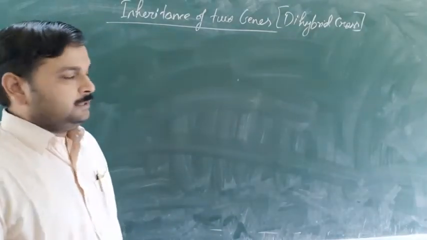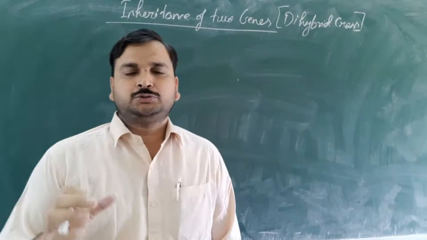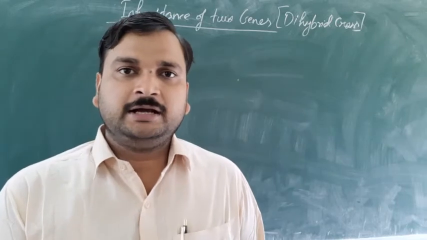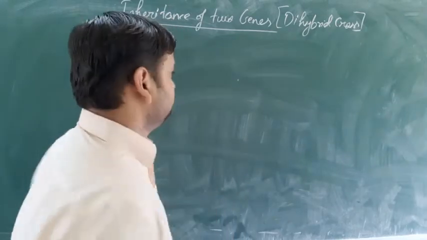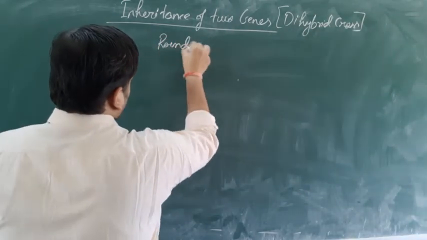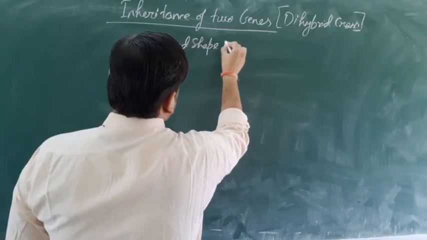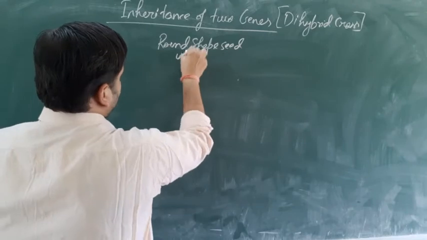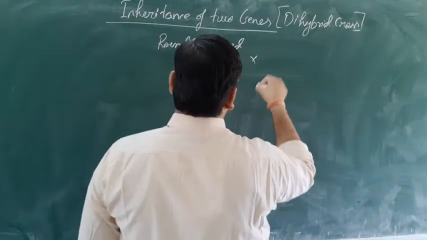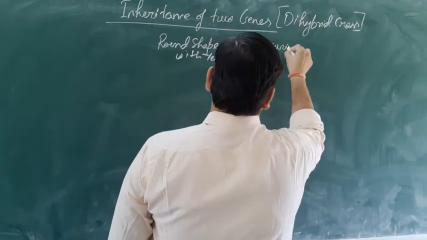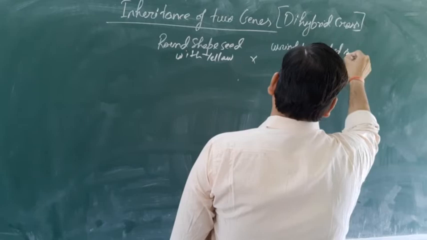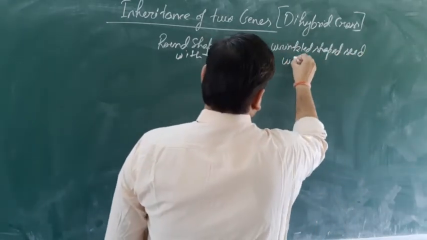I told you what the work culture of Mendel was. He took true breeding pea plant varieties. One will be true breeding for the dominant trait and the other true breeding for the recessive trait. So one parent will be a round shaped seed with yellow color, and this will be crossed with a wrinkled shaped seed with green color.